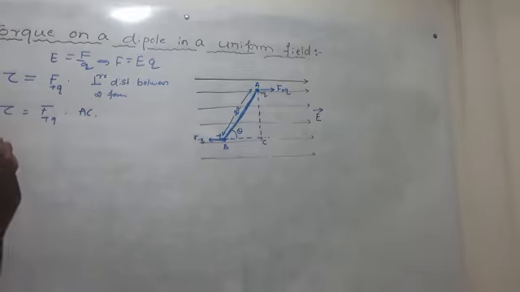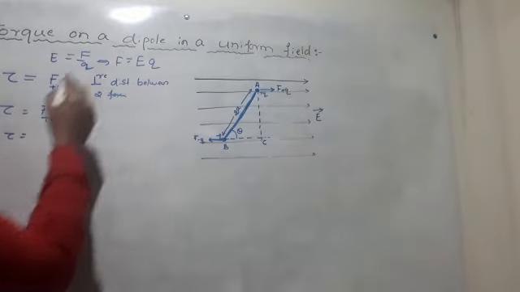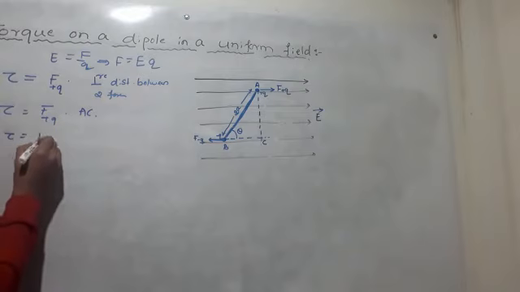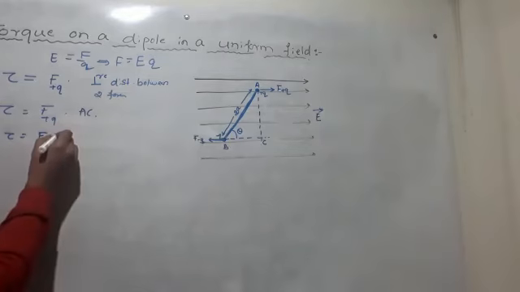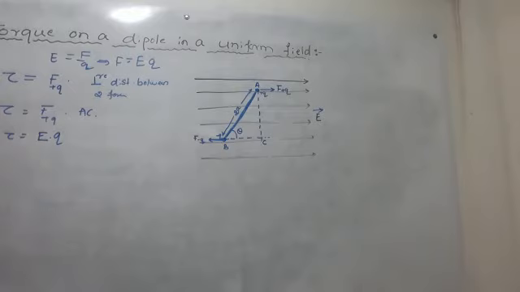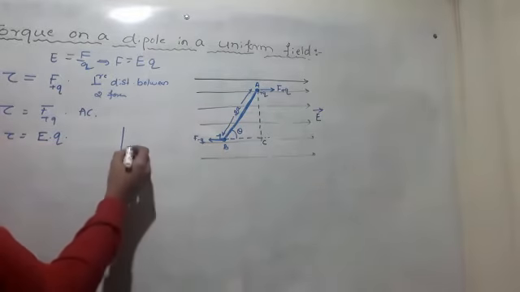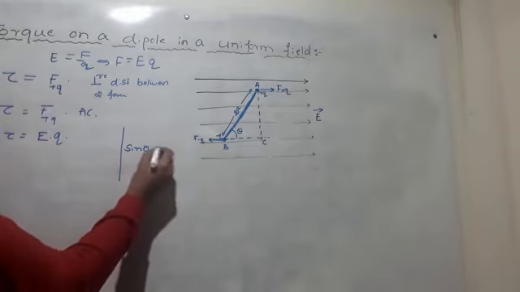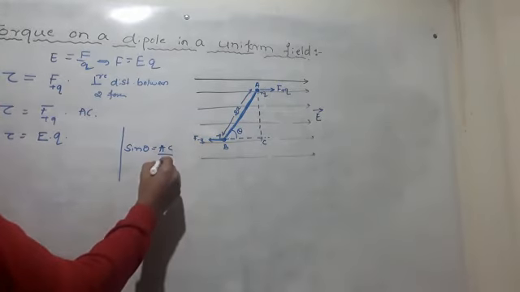That implies torque tau is equal to the magnitude of this force. Now F is equal to EQ, therefore here also it is E, field strength, into charge Q. Since both have the same magnitude, I will take any one of them, that is Q, into, now what about AC? In this diagram, sin theta will be equal to AC divided by AB.